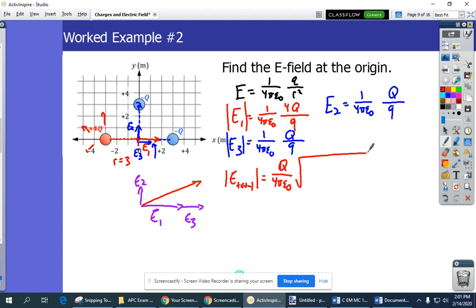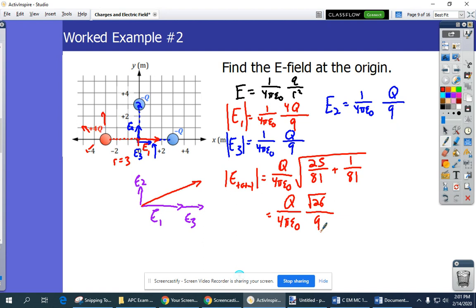So I've got 4/9 plus 1/9 in the x direction gives me 5/9. So I get 25 over 81 plus in my y direction, I just get 1 over 81. So again, this is some Pythagorean theorem action. I get Q over 4 pi epsilon naught times root 26 over 81, which is root 26 over 9.